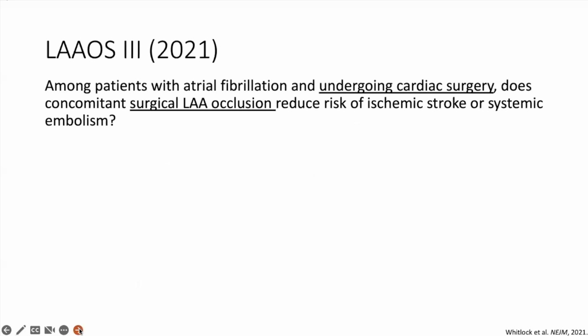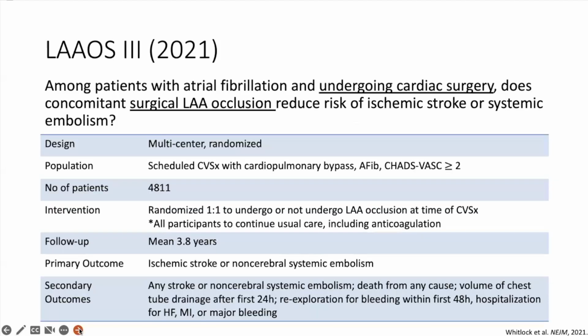Briefly going over the evidence, evidence for the benefit of surgical excision of the left atrial appendage comes from the LAAOS-3 trial published in 2021 in the New England Journal of Medicine. This looked at patients who had AFib and were undergoing cardiac surgery, and they underwent simultaneous surgical left atrial appendage occlusion, and they wanted to see if this would decrease stroke. So they randomized, this was quite a big trial, 4,811 patients.